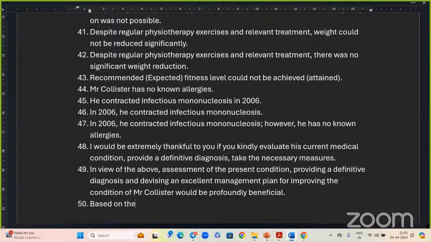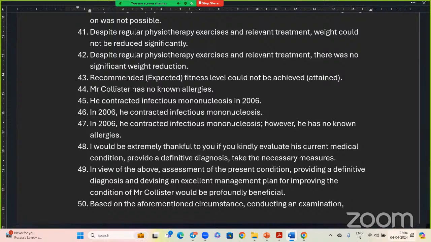Based on the aforementioned circumstances, conducting an examination, evaluation, assessment, anything. Assessing the patient's condition. On further assessment of the patient.